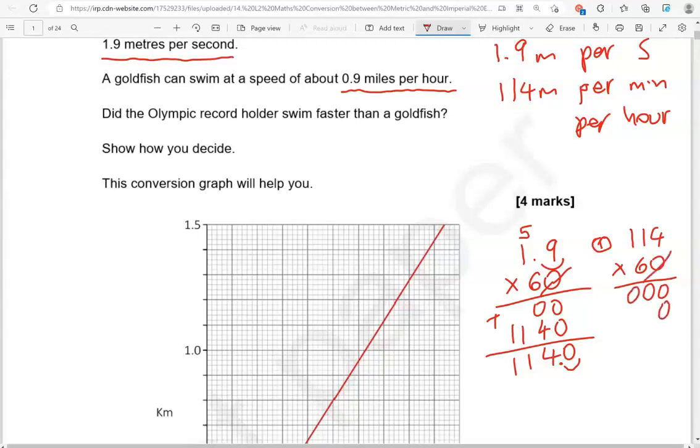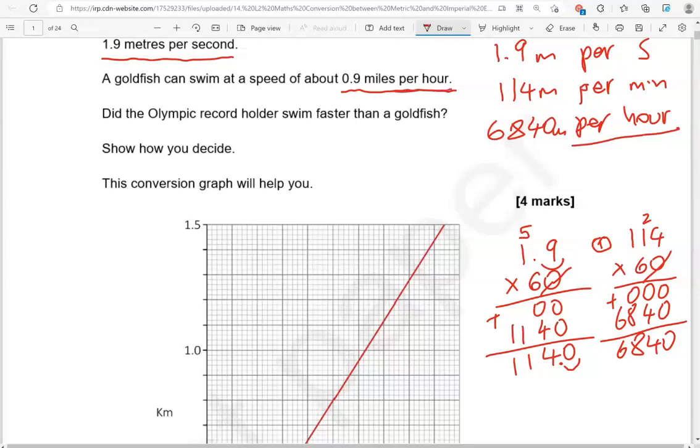Moving down, so we need to put a 0 first. 6 times 4 is 24, so 4 down and 2 carried over. 6 times 1 is 6, and the 2 is 8. 6 times 1 is 6. So we get 6,840 meters per hour.